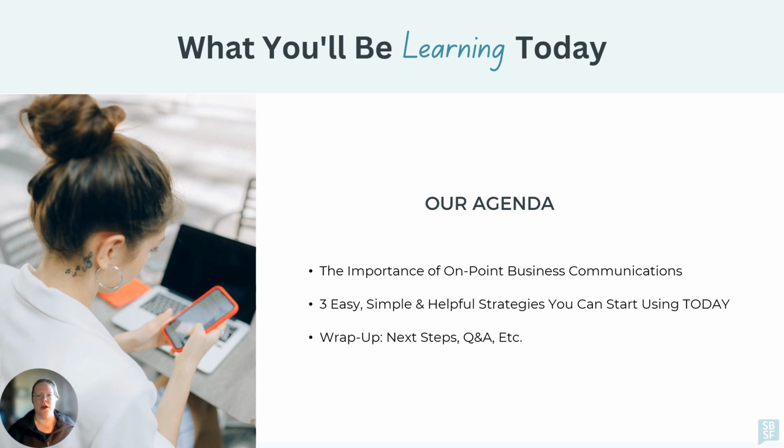Make sure again that you have your workbook handy because this is an interactive workshop and you will be using that or at least referring to it as we go through. And it's totally okay to pause the video to take a few moments when we come to those workbook moments and really apply yourself to that.